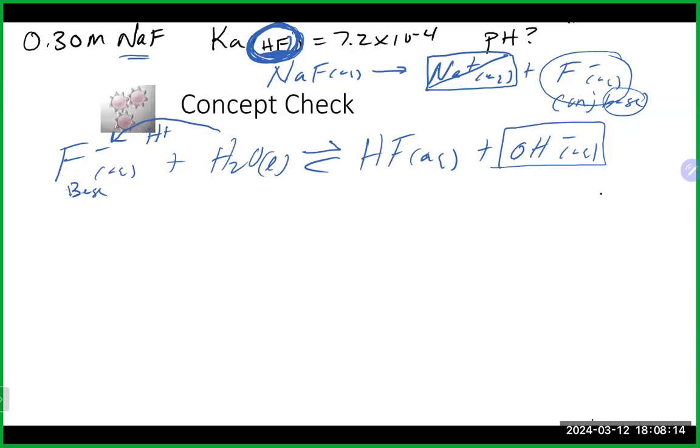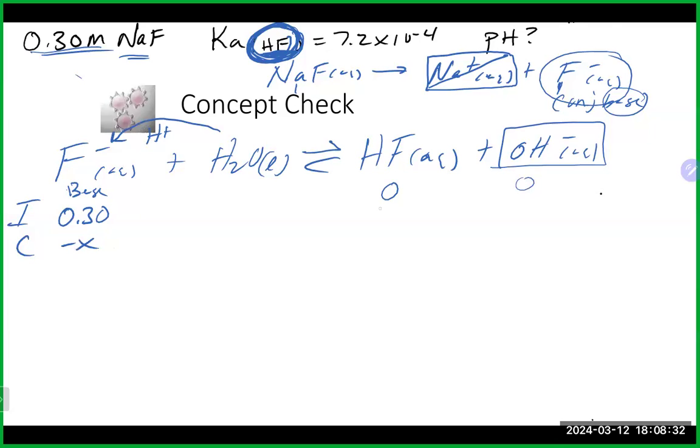So now we're ready to do our ice table here. We will use 0.3 molar, which is a 1-to-1 relationship between those two, so it's the same concentration for F minus. The rest of the ice table will be like a normal one, zeros.